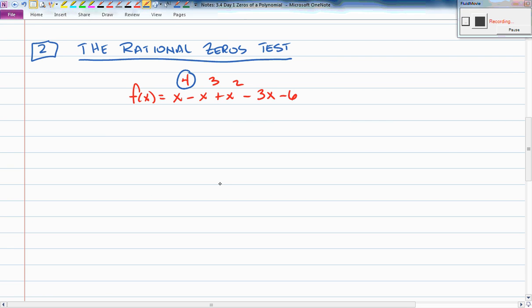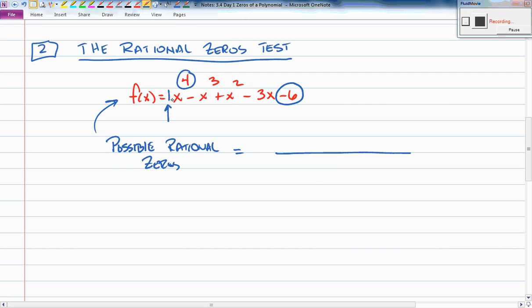So there is this list that I can try and generate, and according to the rational zeros test, the possible rational zeros, like if this function has any rational zeros, then it's going to be in this list. So the possible rational zeros for this function are going to be all the factors of the constant term, which are 6, divided by all the factors of the leading coefficient, which in this case is a 1.